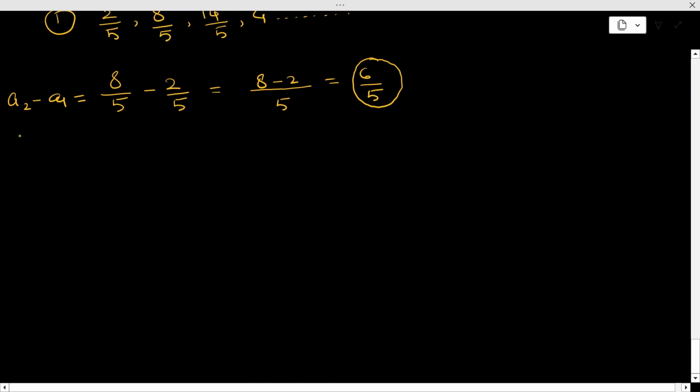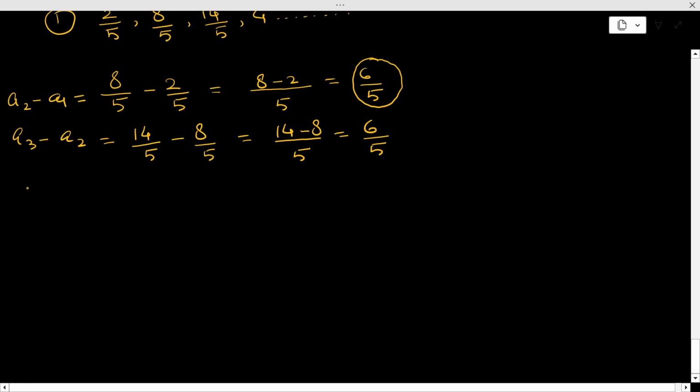Next, we find A3 minus A2, that is 14 upon 5 minus 8 upon 5. Again taking the LCM, that is 14 minus 8, and it comes out as 6 upon 5.